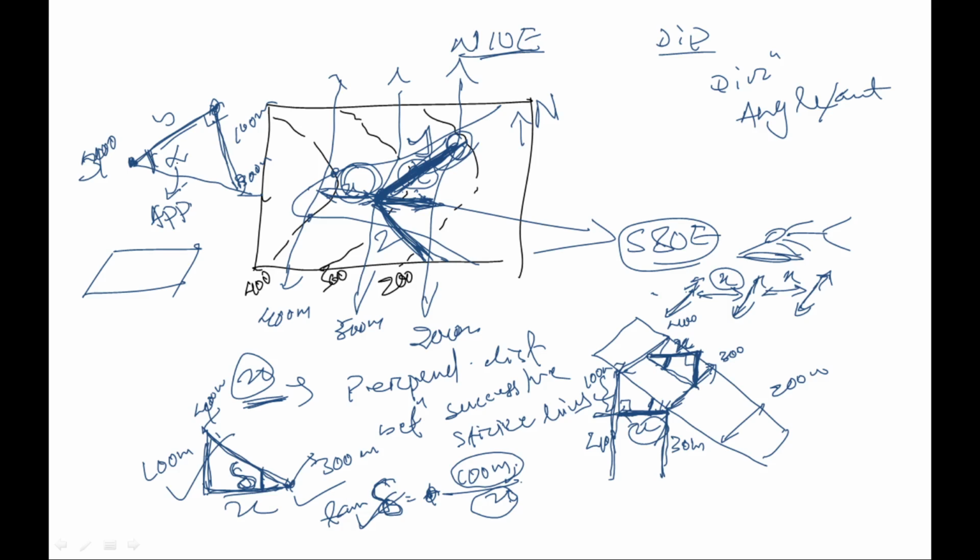Same procedure: make a triangle using the elevation drop and the horizontal distance measured on the map. You can find out the angle of inclination. If the angle is measured perpendicular to the strike, that will be a true dip. If measured in any other direction, that will be your apparent dip.